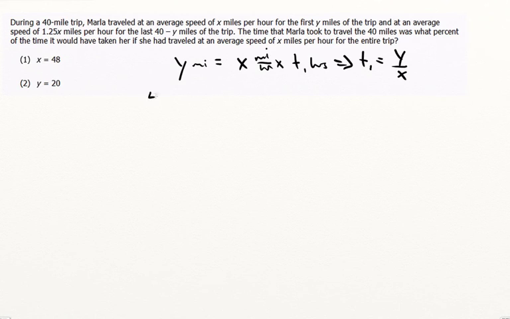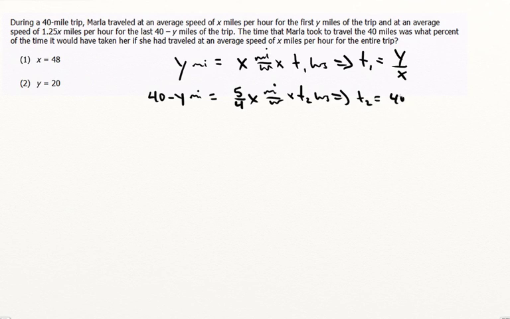Furthermore, we know that 40 minus y miles is equal to 1.25x, but it's going to be easier to write that as 5 over 4x miles per hour times t2 hours. All right, so that implies that t2 then is 40 minus y times 4 over 5. And if we expand that out, that's going to be 160 minus 4y over 5x.